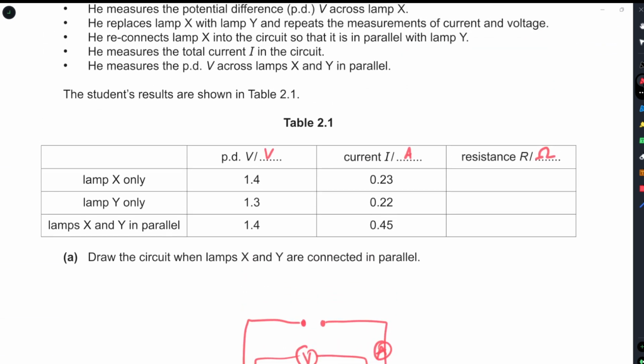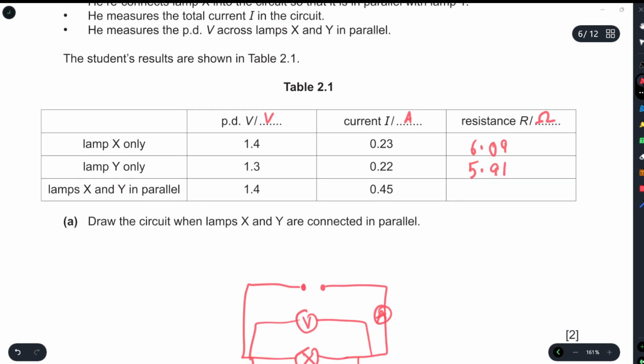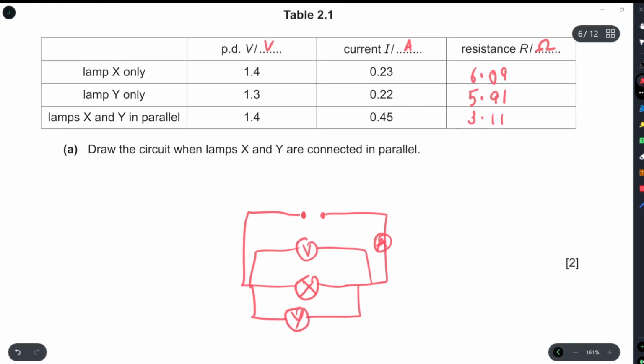So 1.4 divided by 0.23 turns out to be approximately 6.09. ठीक है. एंड फिर आपका आंसर जो है वो क्या है, 1.3 divided by 0.22, तो your answer is 5.91. And then X and Y in parallel, so 1.4 divided by 0.45 is going to give me 3.11. और फिर आप 3.11 रहने देंगे इसको.